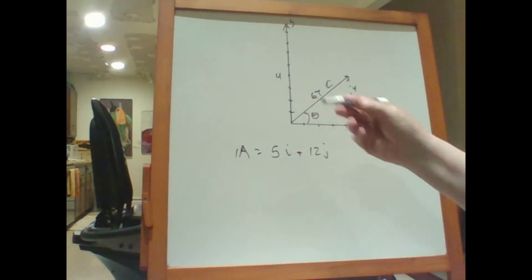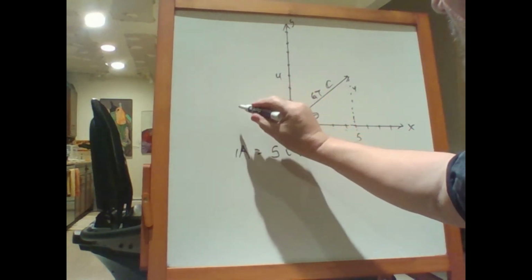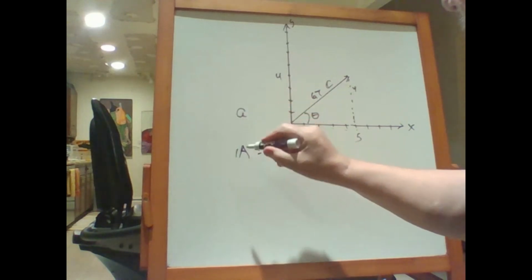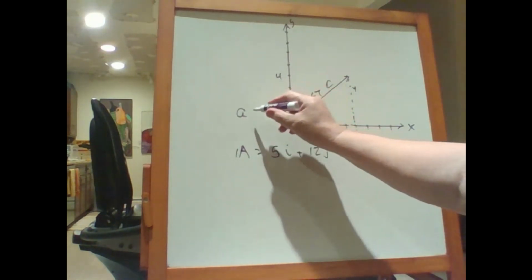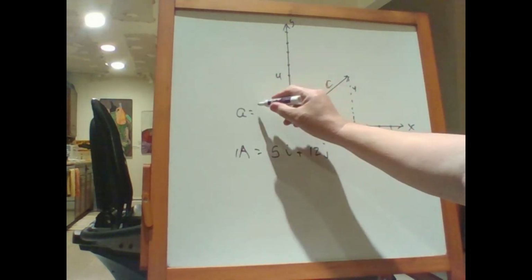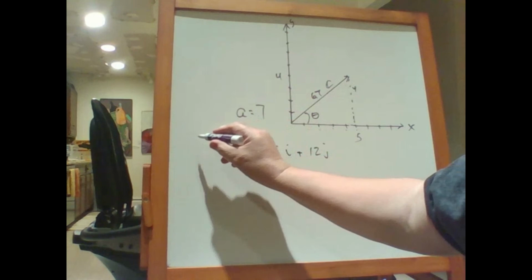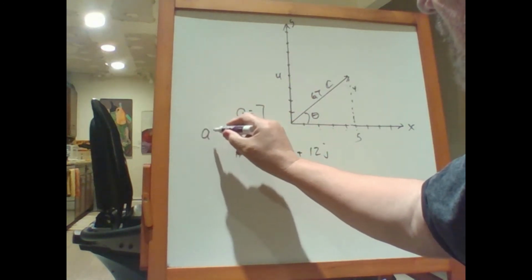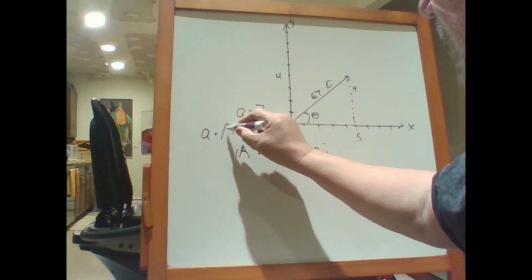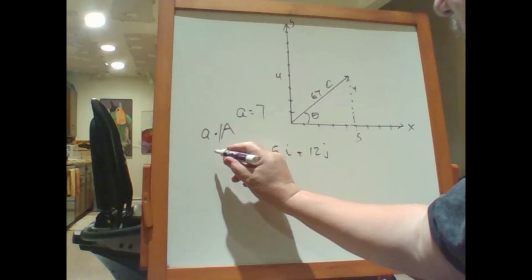But what if I had a scalar, let's say a scalar a, and that's just a number. Scalar is just a number. That's all it is. And we have a scalar of 7. And we go a times the vector. That's called scalar multiplication.